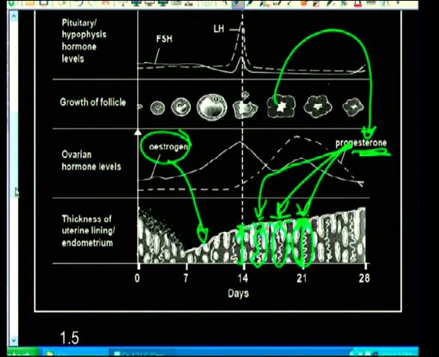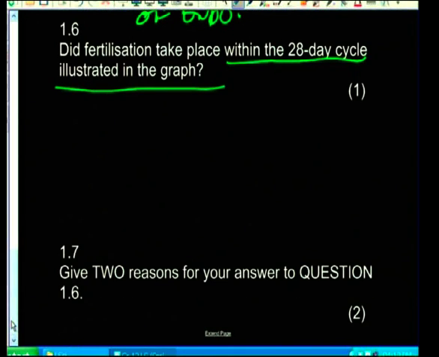Thereafter, it is secreted by the placenta. Now let's look at this diagram. Look at the corpus luteum. Before even 28 days, it's already becoming small to degenerate. That's one clue. Second clue, level of progesterone. What's happening to it? It is declining. So our answer then would be no.